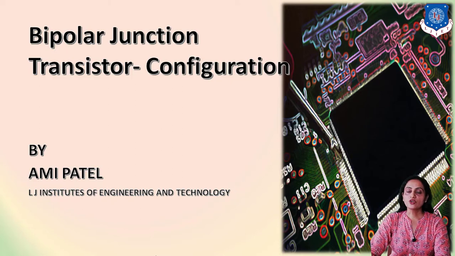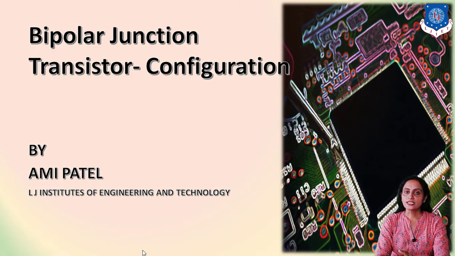In the previous video of this chapter I had discussed the BJT basics. Bipolar junction transistors are of different types. We had also seen that BJT has two types, that is NPN transistor and PNP transistor.